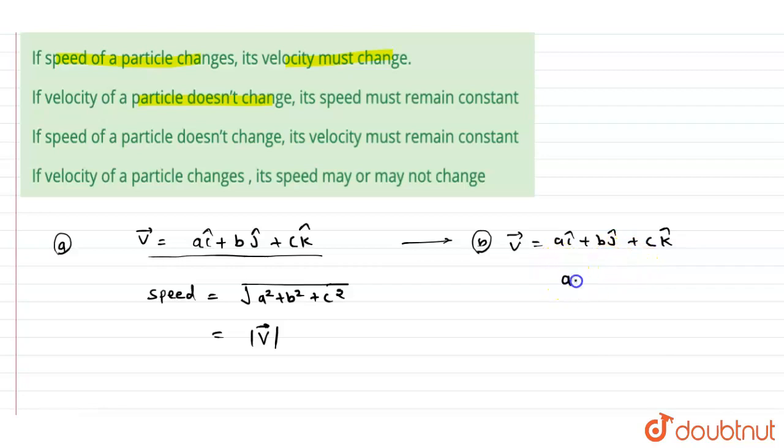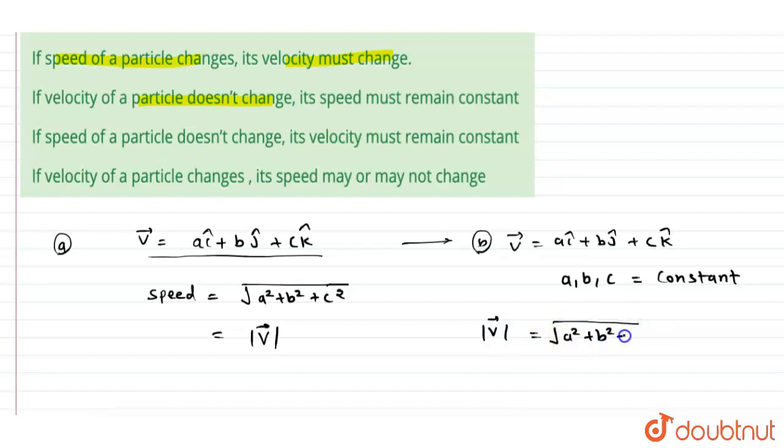This shows that a, b, c are constants. So when you are finding the mod of v vector, that is equal to root of a square plus b square plus c square.